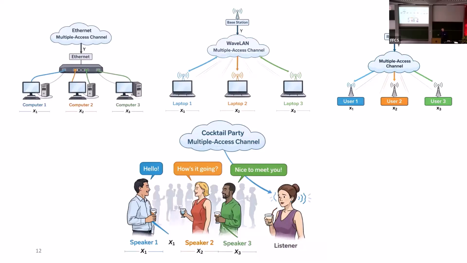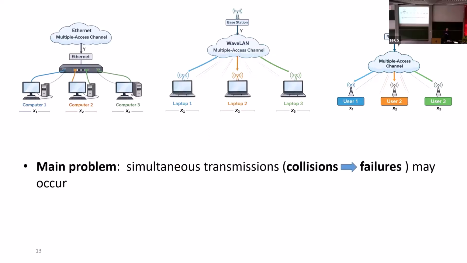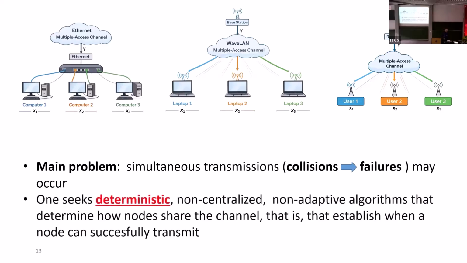This is one of the basic problems in multi-access communication. Because when there are simultaneous transmissions, there are collisions, failures, and so the information gets lost. So what is one of the basic problems in the area? One of the basic problems is to find a deterministic protocol, so not probabilistic. We are not speaking about the classical ALOHA system in which stations transmit randomly, hoping that sooner or later there will be only one successful transmission.